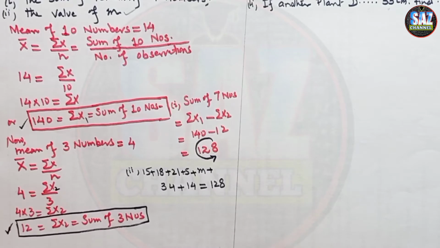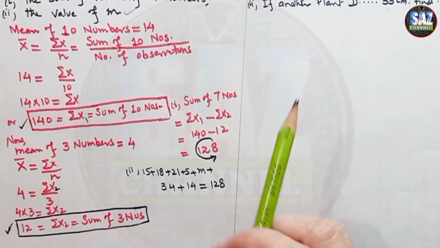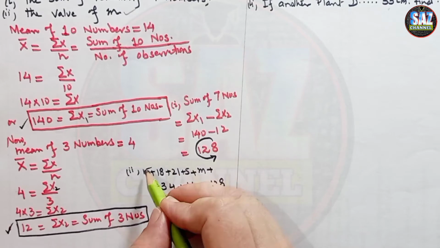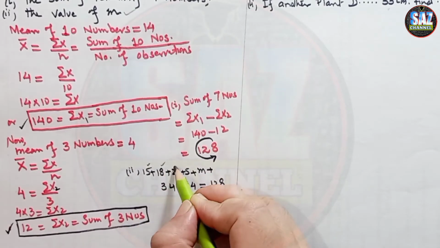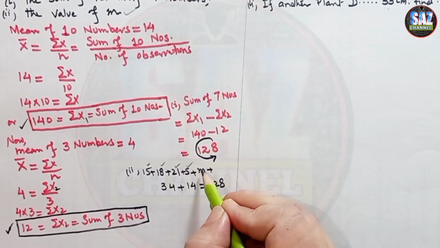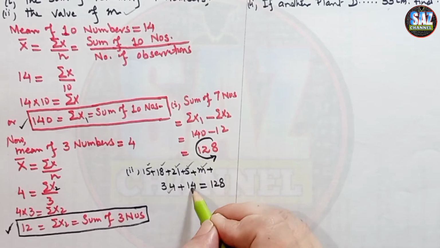Let me reconfirm the values. The first value is 15, then 18, then 21, then 5, then m, 34 and 14.